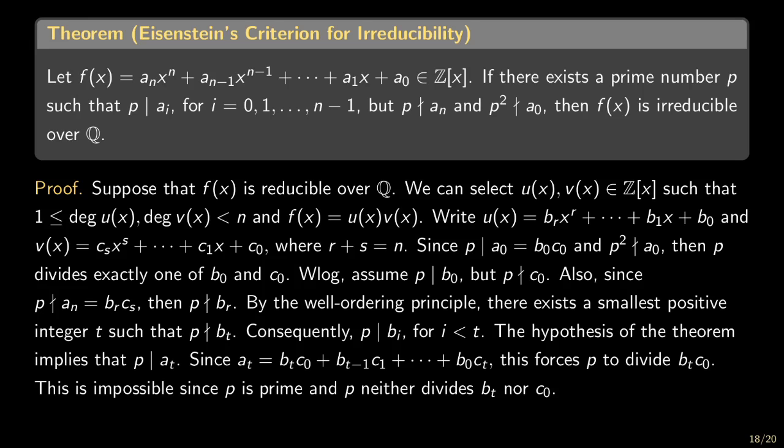Because P does not divide Bt, and P does not divide C0. Sorry, I highlighted the wrong one. But in the end, P divides this product, so that's impossible. Therefore, f of x is irreducible over Q.